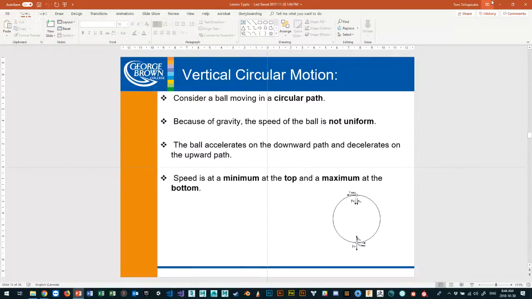All right, so again, they give some other examples here. Think about a ball in a circular path, right? And because of gravity, the speed of the ball is not uniform, right? Now, a Ferris wheel is mechanical. That's why this example is here, right? You're on an arm, you're being held by an arm, not by a wire or a cable.